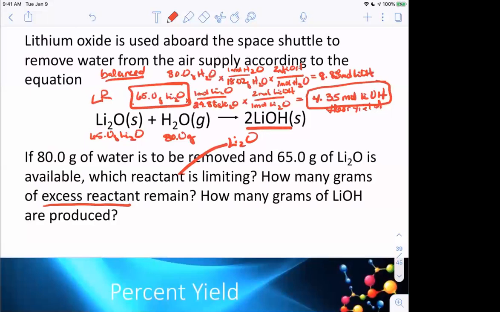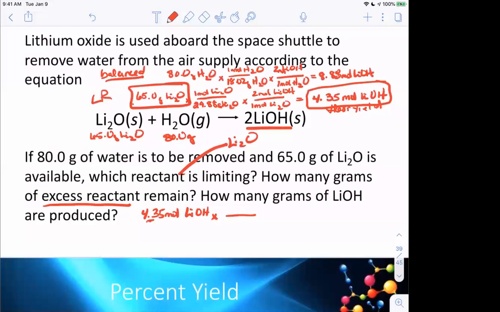I am going to go for every 4.35 moles of LiOH. Remember, I can use this directly because that's a product. Once I get either the moles or grams of product, I can use that in my calculation as well.